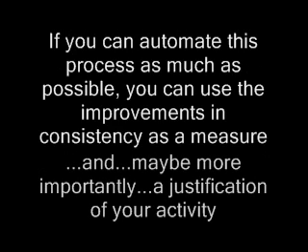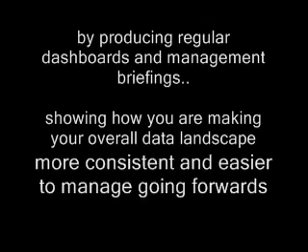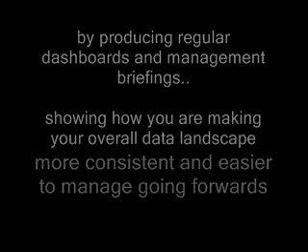If you can automate this process as much as possible, you can use the improvements in consistency as a measure, and maybe more importantly, a justification of your activity, by producing regular dashboards and management briefings showing how you're making your overall data landscape more consistent and easier to manage going forwards.